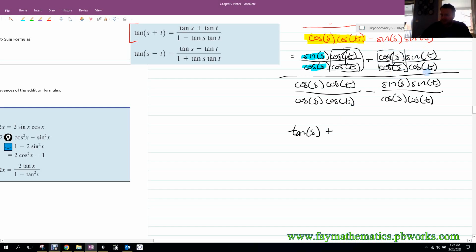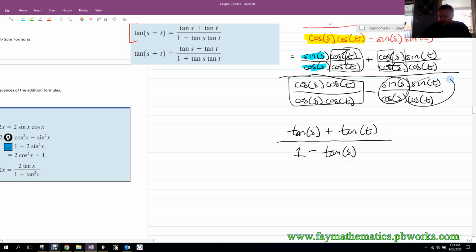But now sine t over cosine t, that's tangent of t. All over then, this thing is itself divided by itself, so that's a 1. Minus then, sine s divided by cosine s is tangent of s, and sine t divided by cosine t is tangent t. So there's where we get the tangent sum formula.